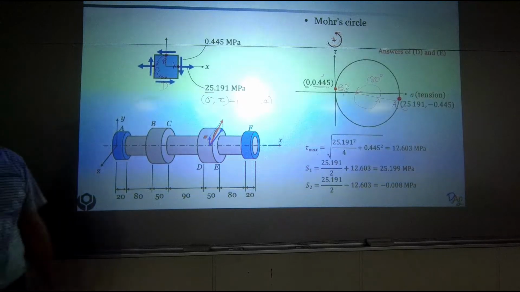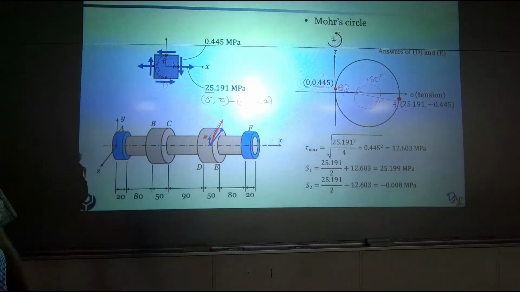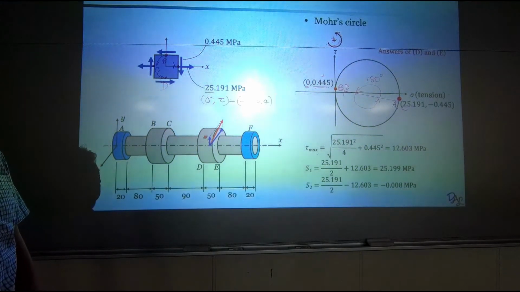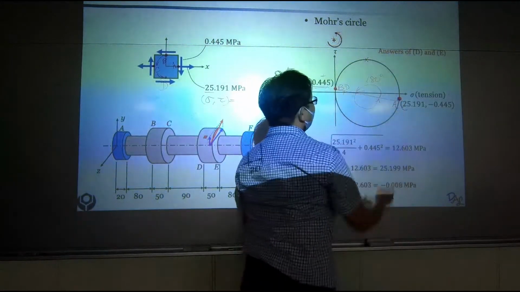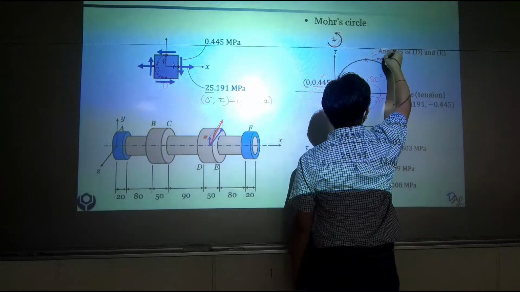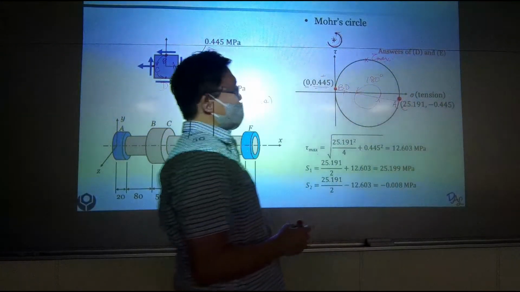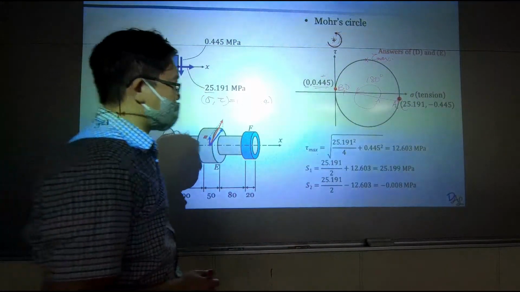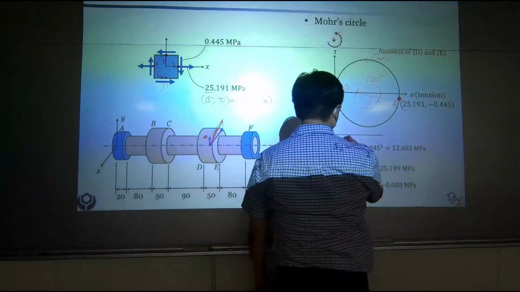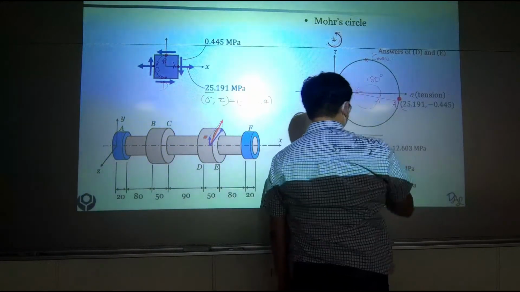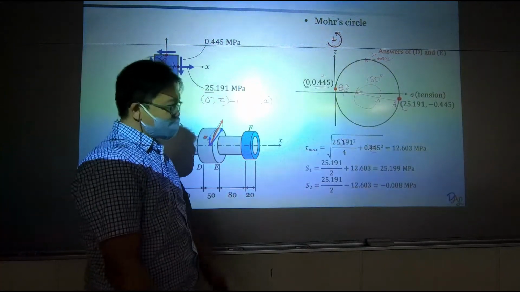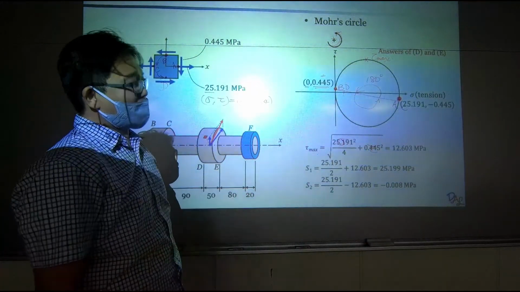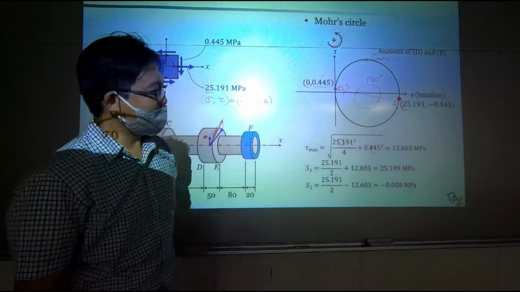Then you are sure your Mohr circle is correct. And over here, if you want to calculate the maximum shear stress, you basically want to calculate the radius of the Mohr circle. Last time I already told you the equation is like this. If you wish to know how, go back to the previous video.